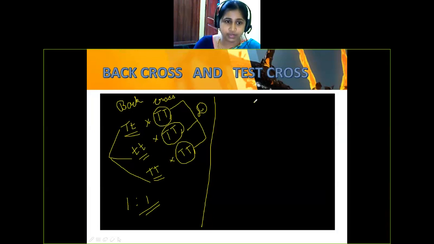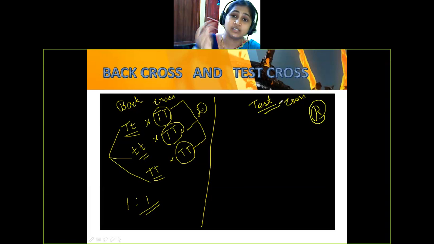Test cross, I said already, for test cross we are going to take the recessive character, right? Here I'm going to use the recessive character. The name says what? Test. It tests the genotype, whether it is dominant or recessive, heterozygous or homozygous.